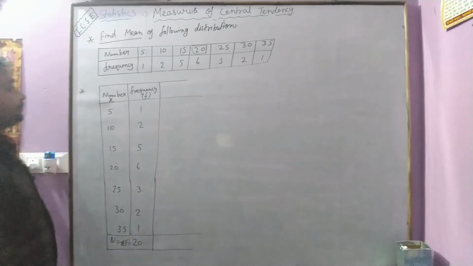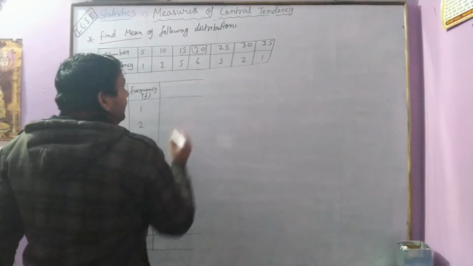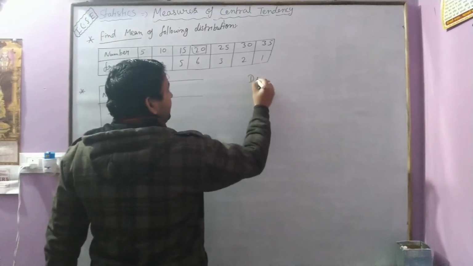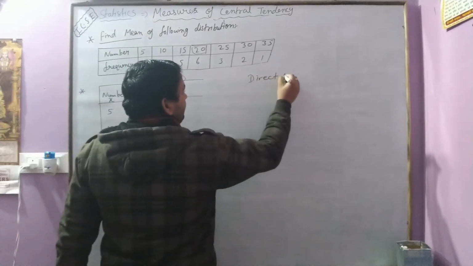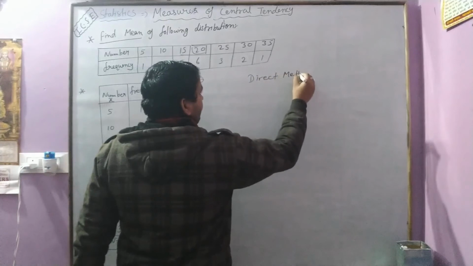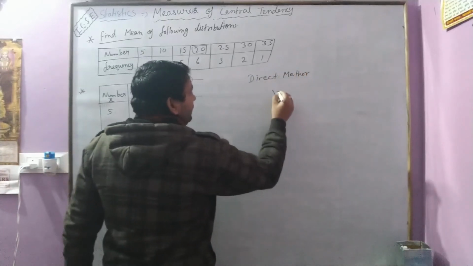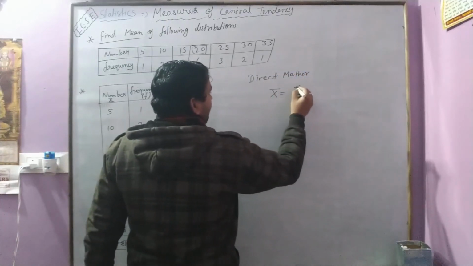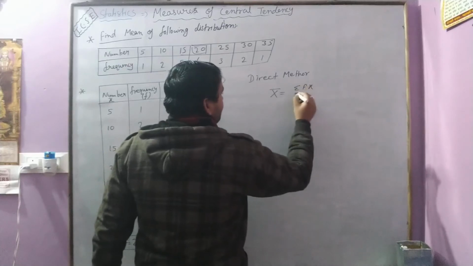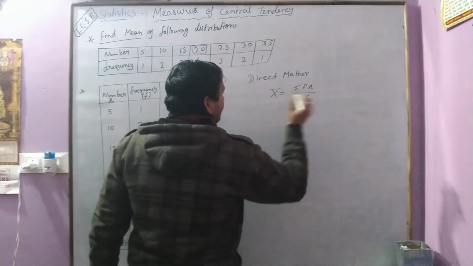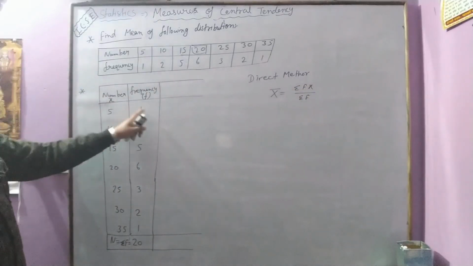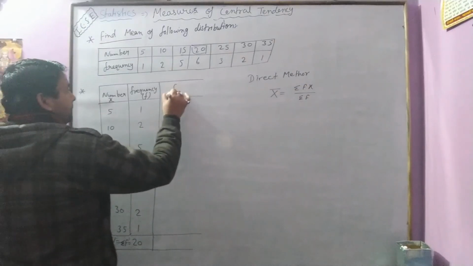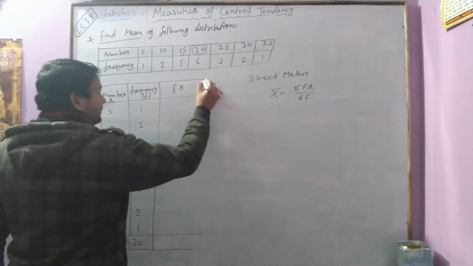Clear? Now in the direct method, the formula for the calculation of mean is summation fx upon summation f. Okay, now you need to calculate the fx.